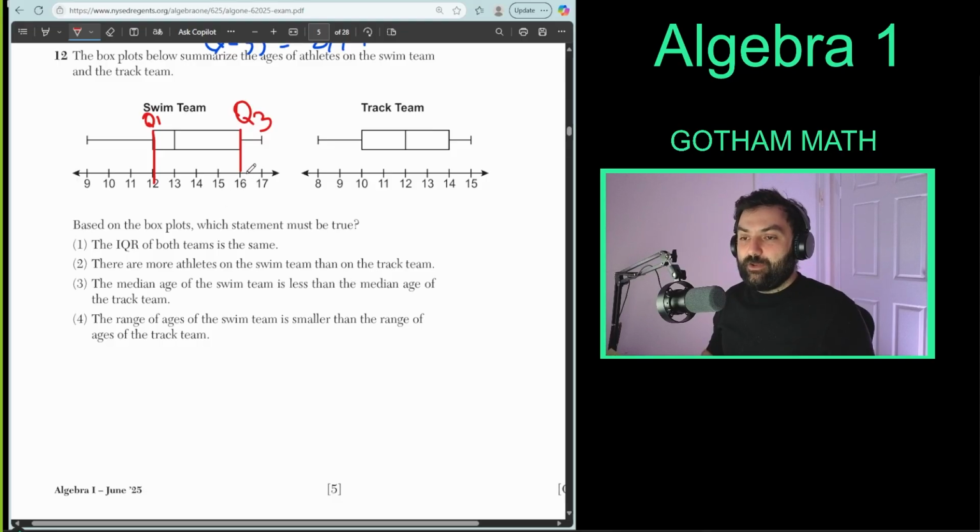So in here, IQR will be 16 minus 12, which is 4. Over here, it's going to be 14 minus 10. Oh. Which must be true, and I think this is true. 4 and 4. IQR on both teams is the same.